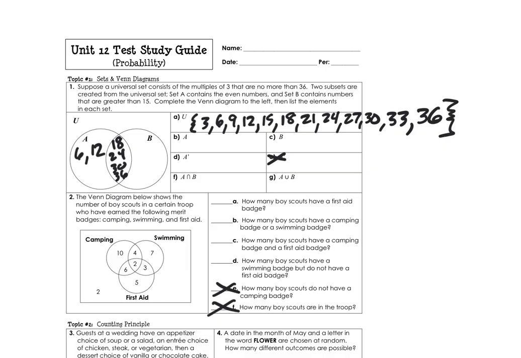So numbers bigger than 15 that are not already included here would be 21, 27, and 33. Okay, and then we have a few numbers that don't fit either one of those sets. So we're talking about numbers that are less than 15 and are also odd. So we're looking at 3, 9, and 15.